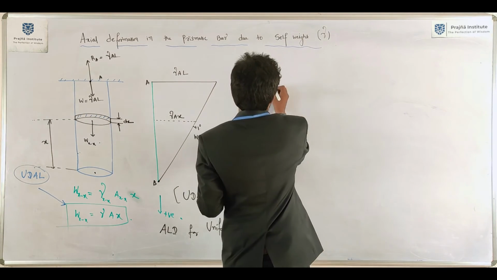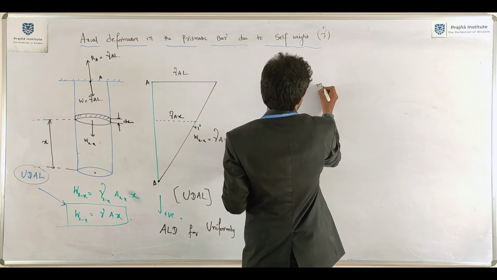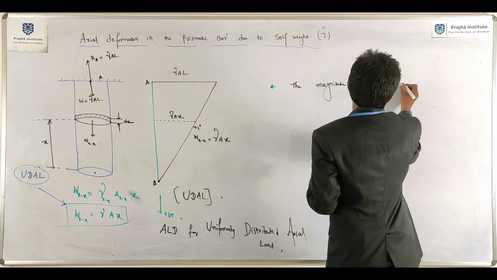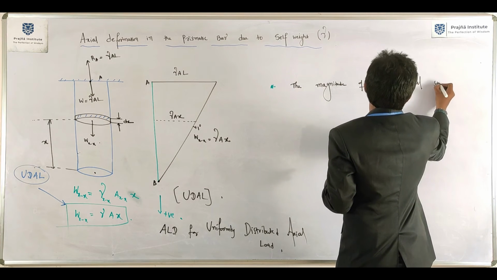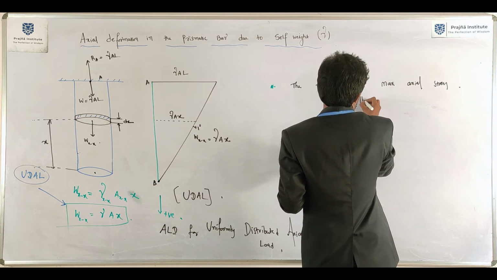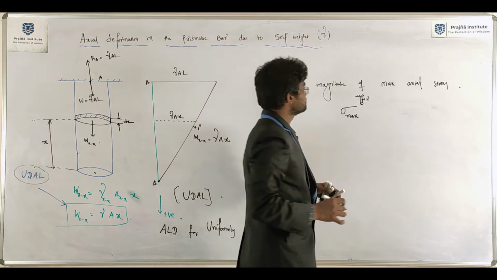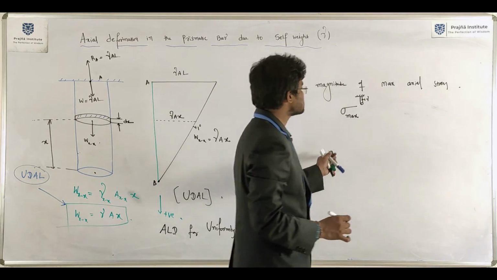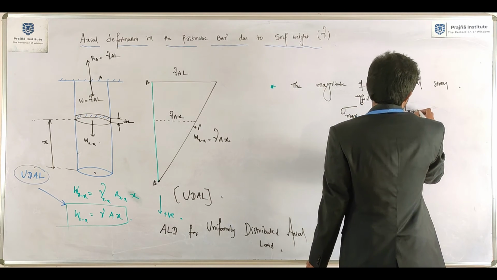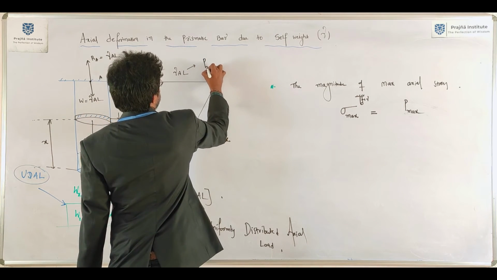Next, what is the magnitude of the maximum axial stress in the prismatic bar due to self weight? It is nothing but P maximum.